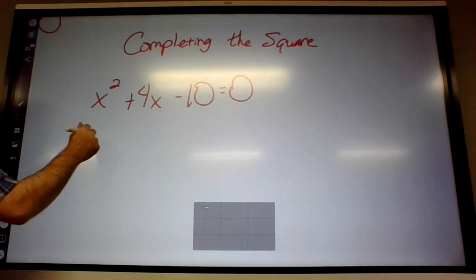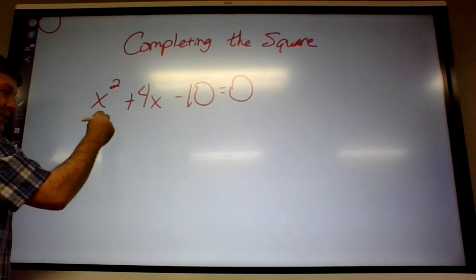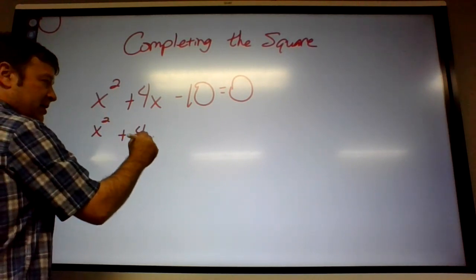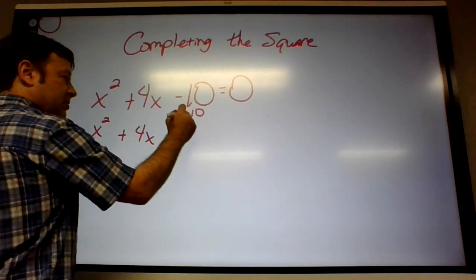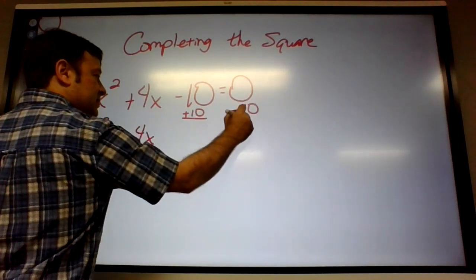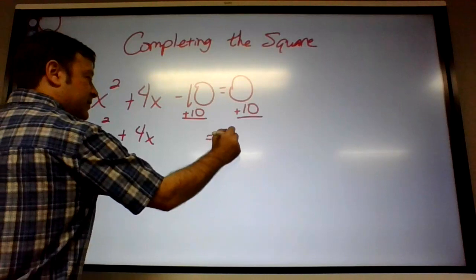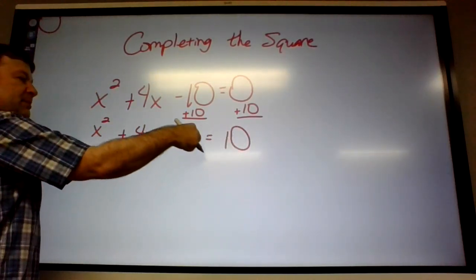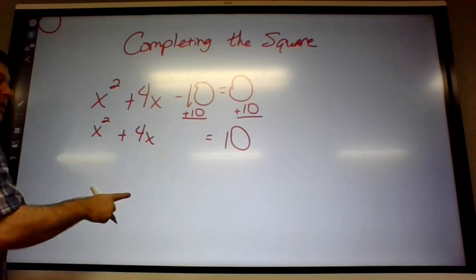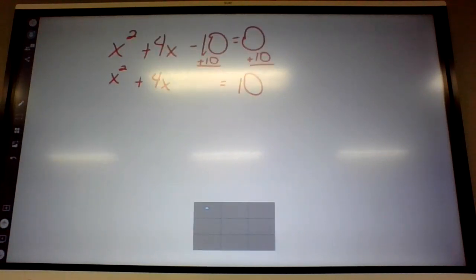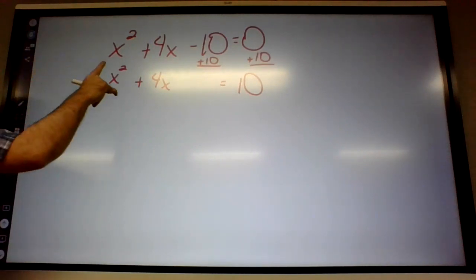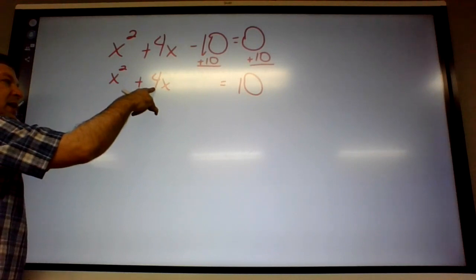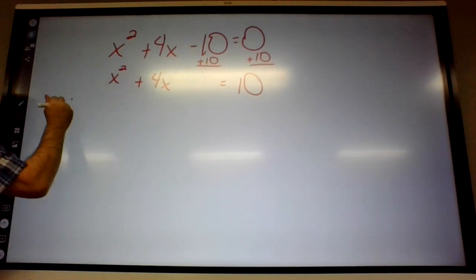Okay, so in this case, when it doesn't factor, when you're completing the square, you actually want this number to go to the other side. So just kind of get rid of it for a second. And then I'm just leaving a blank right here. All right, here's the magic steps. Everybody listening? Brian? Josiah? Okay. You take the number in front of the x, which is a 4.